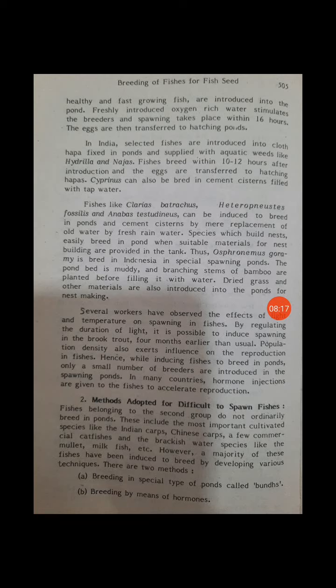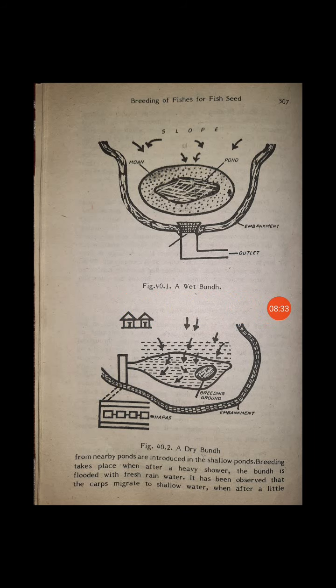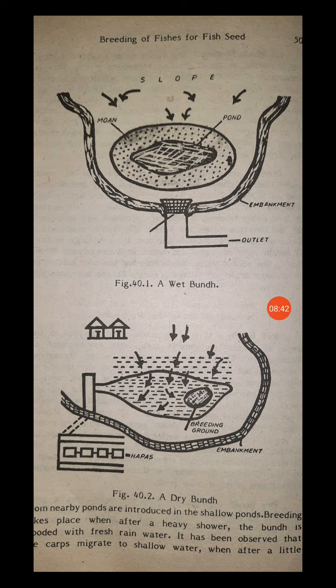So, first of all, we see the bund breeding. Bunds are little ponds covered on three sides by hilly areas, and one side is open. See the diagram. Here, two bunds are shown. One is the wet bund, the upper one, and the second one is the dry bund.